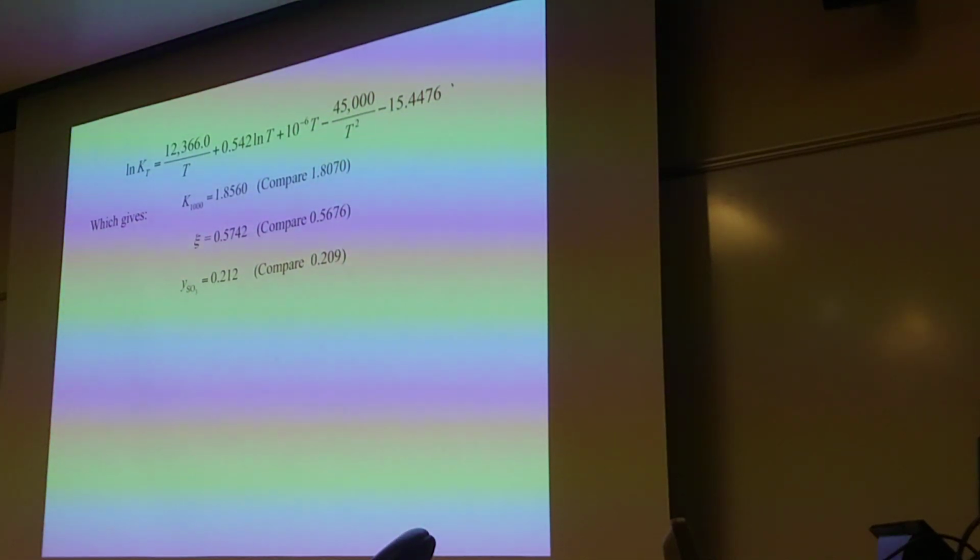So it is different, but not by a lot. The equilibrium xi value, 0.5742, compares with 0.5676, so again, a little bit different. And what we'd be most interested in here would be the mole fraction of our product, SO3, which is 0.212, and that compares with 0.209, what we got if we assume constancy of delta H.